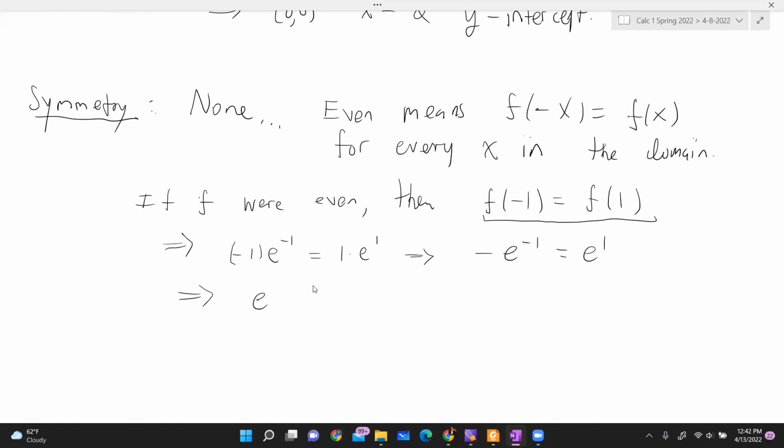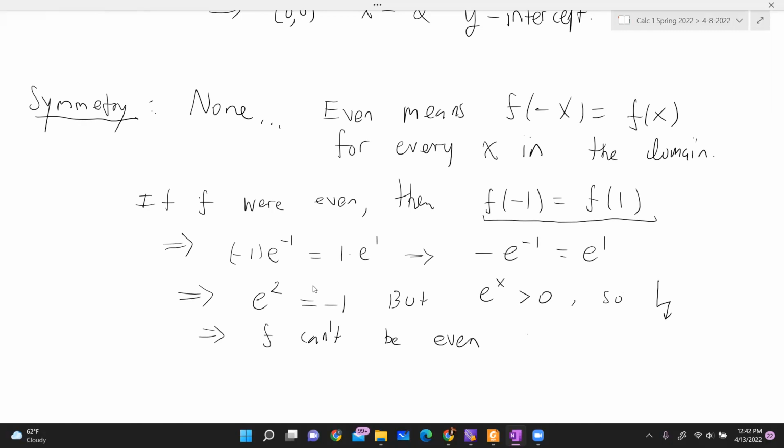Now you multiply both sides by e to the first power, and that gives you e squared is equal to negative 1. But e to the x is always positive. I use this lightning bolt symbol for contradiction. So this is the contradiction, which implies that f can't be even.